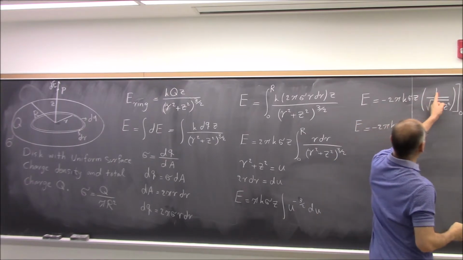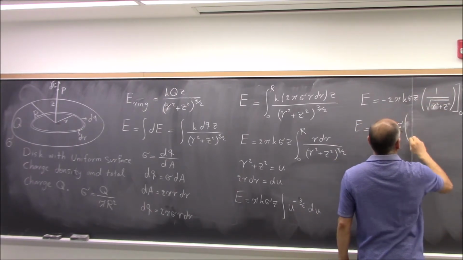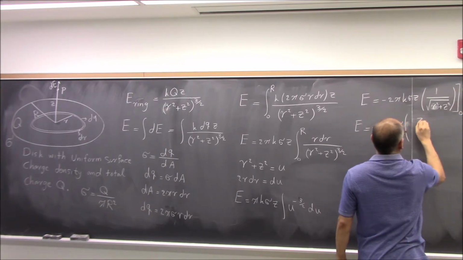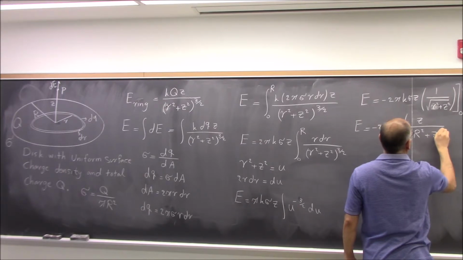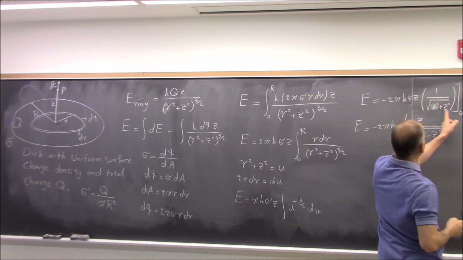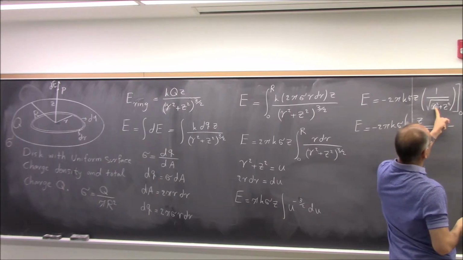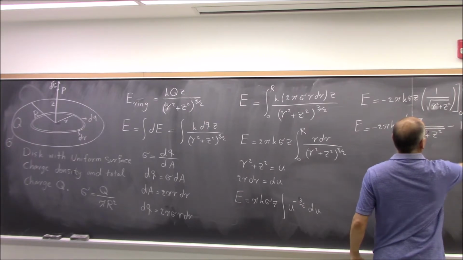If I put z inside, evaluating for R, it will be z divided by the square root of r squared plus z squared, minus, if you put 0 for r, then it becomes 1 over the square root of z squared, which is z, so minus 1.